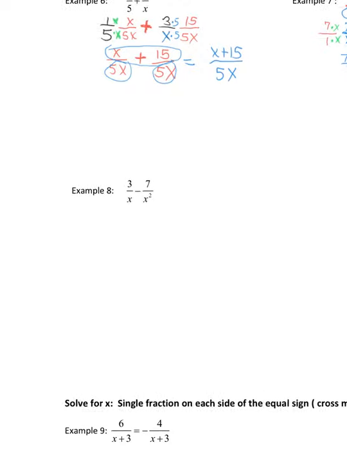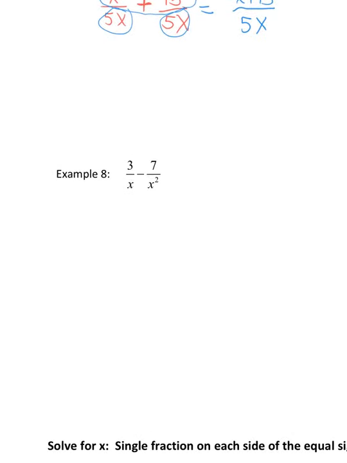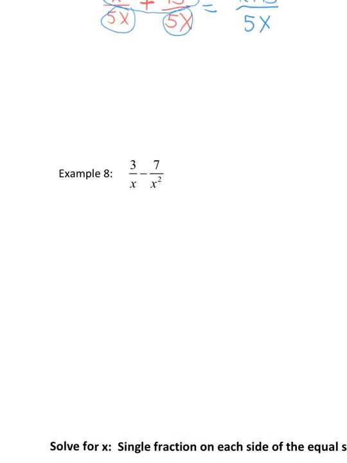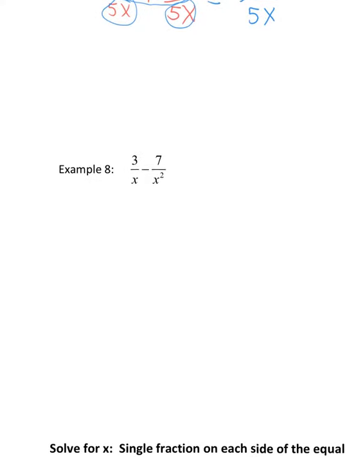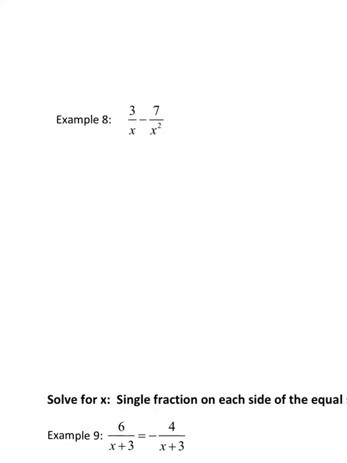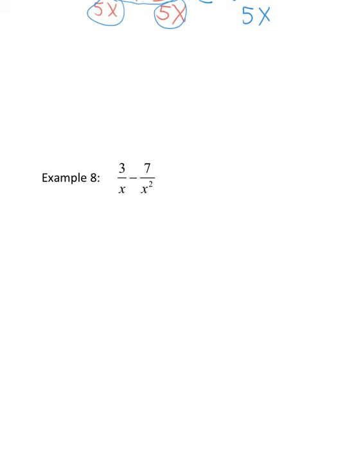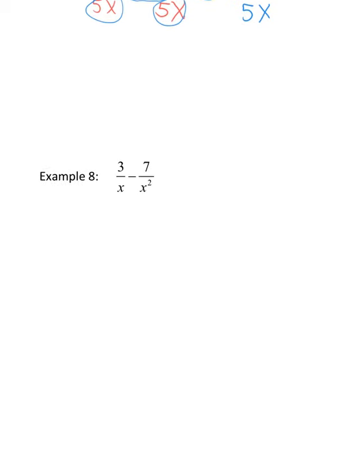Let's look at the last problem on that page, and then I think we'll stop the video and we'll do a part 2 video for the last couple pages of this review. So let's see, what can we decide our least common denominator is in example number 8? Well, I have an x and I have an x squared.